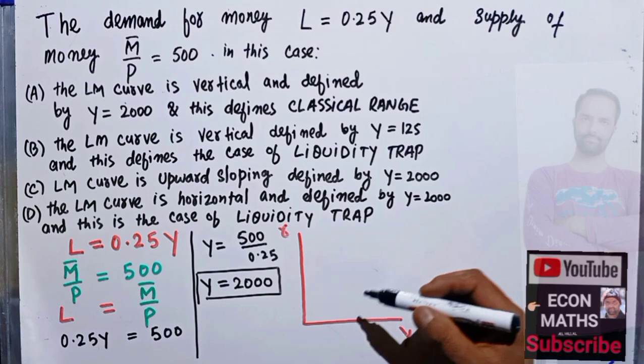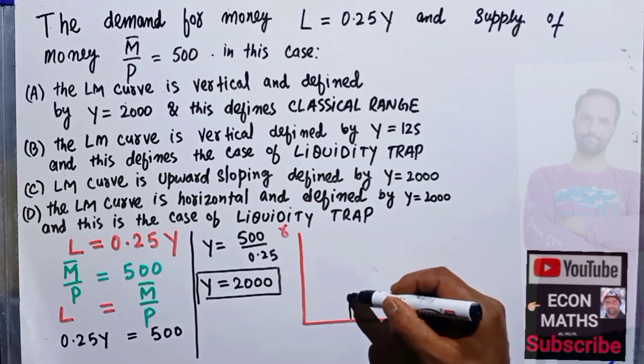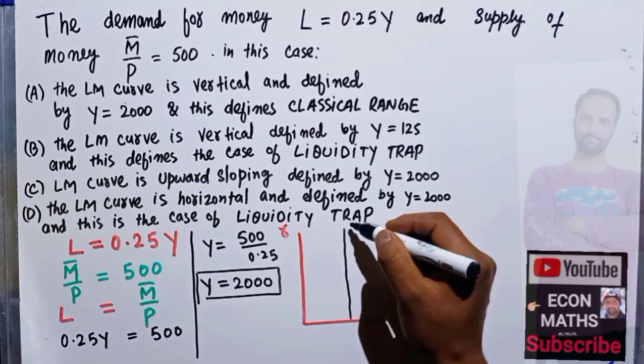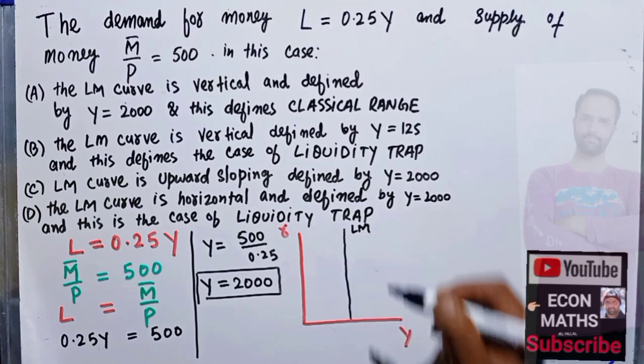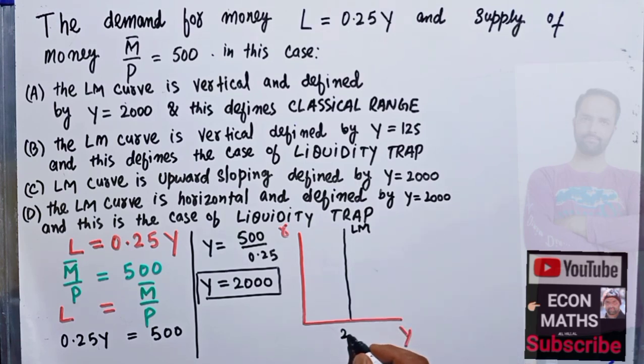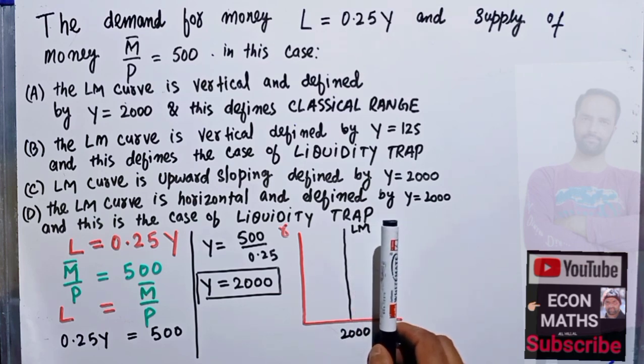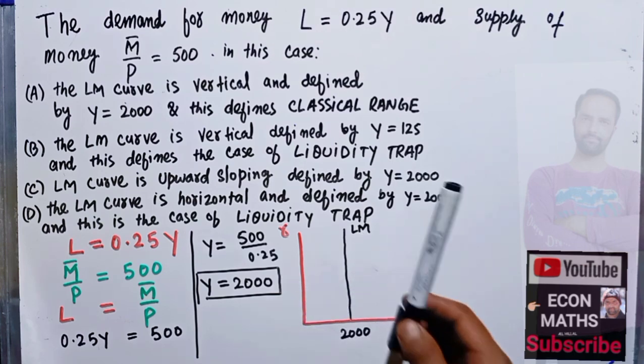This is our LM curve at an output level of 2000. Here y is equal to 2000, our LM curve is vertical, and this denotes the classical range.